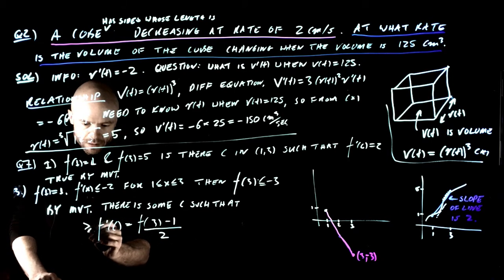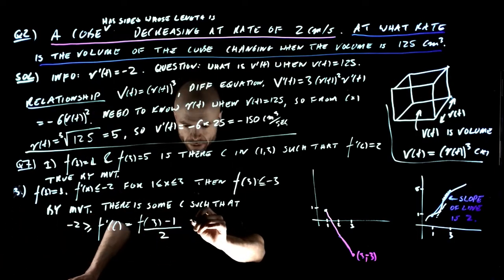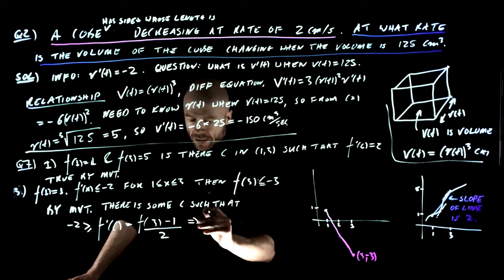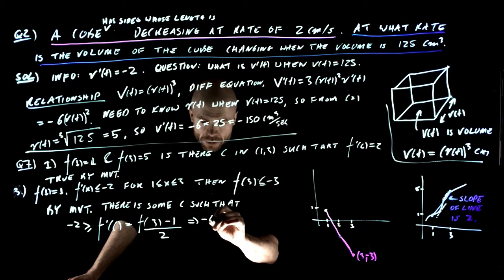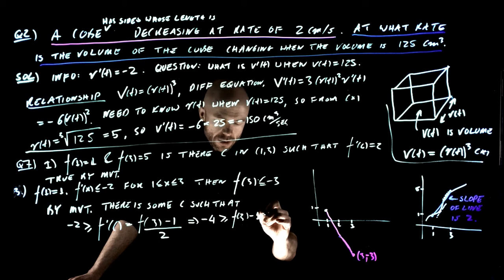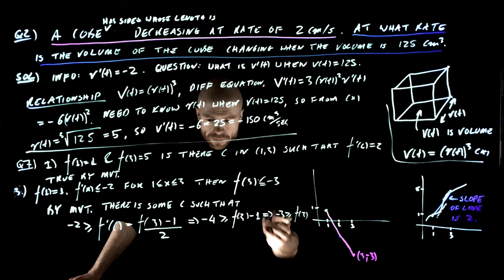So let's put it like this, minus 2. And now we unwrap this. Let's multiply by 2 on both sides, and then add 1. Well, let's do it step by step. So minus 2 is bigger than or equal to (f of 3 minus 1) over 2, and that implies that minus 3 is less than or equal to f of 3, and so it's true.